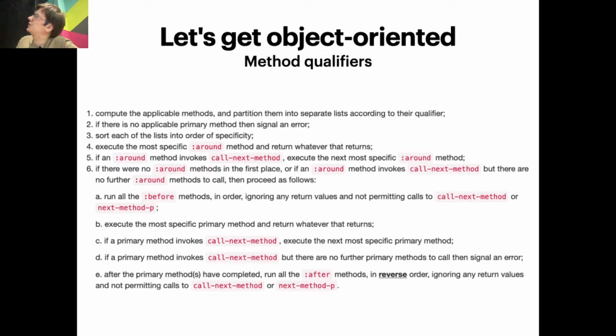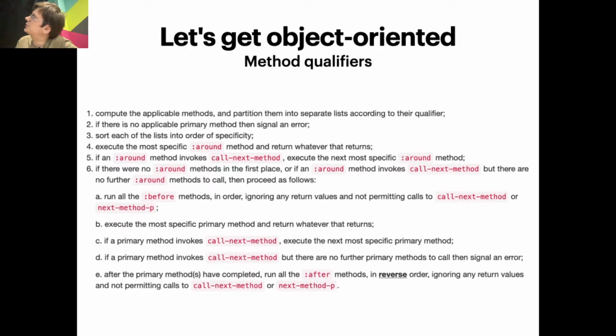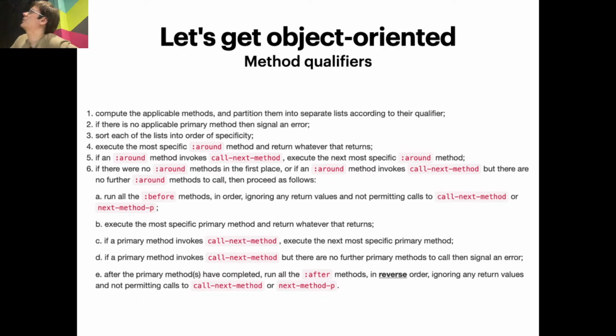And there is this whole algorithm for computing the specific generic function for our arguments, and this is what it looks like. I copied this from the Common Lisp Cookbook. First we compute all of the applicable methods for our arguments.